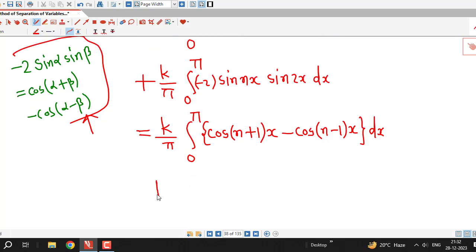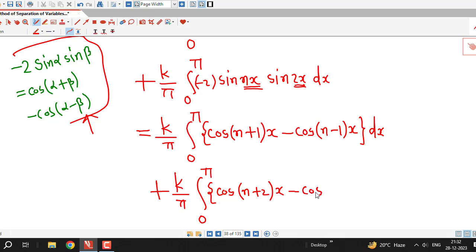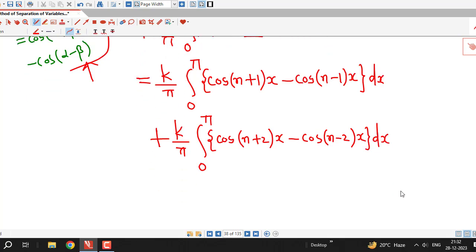So, using this formula, I am able to rewrite this as a subtraction of two cosine functions. Same thing I will do here, plus k by π integral from 0 to π. Here α is nx, β is 2x. So this is going to be cosine of (nx plus 2x), and if we take x common, we have cosine of (n plus 2)x, and here we have cosine of (n minus 2)x integral with respect to x.